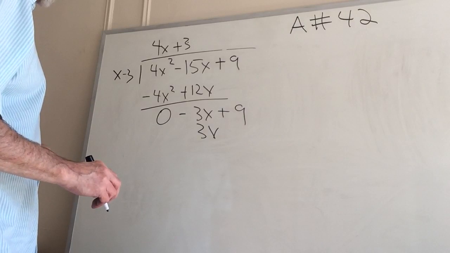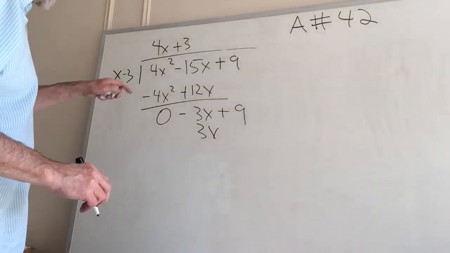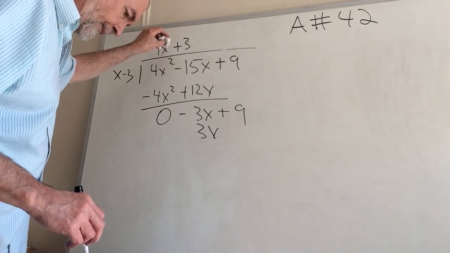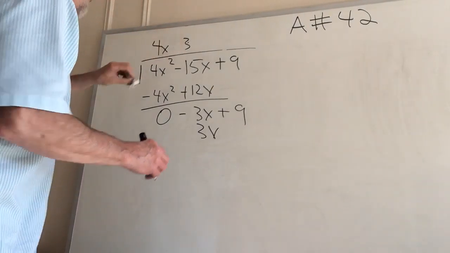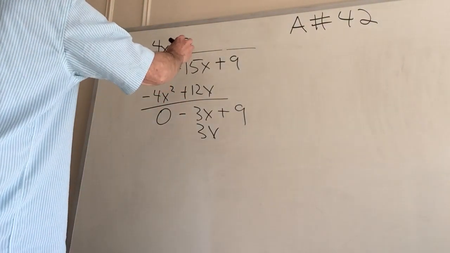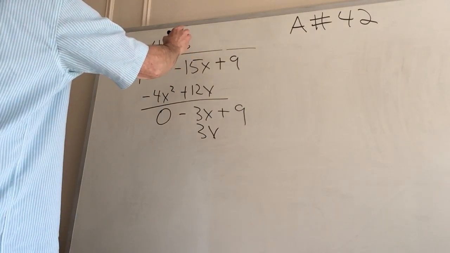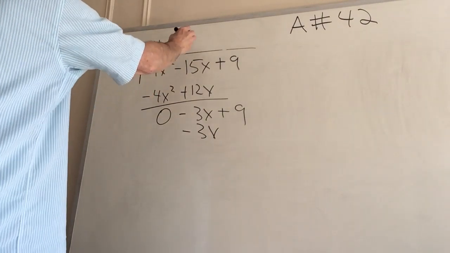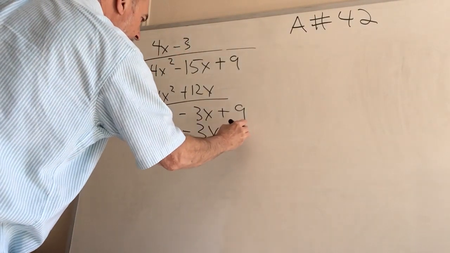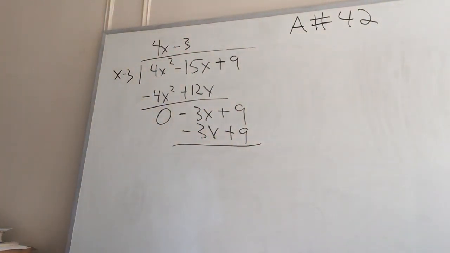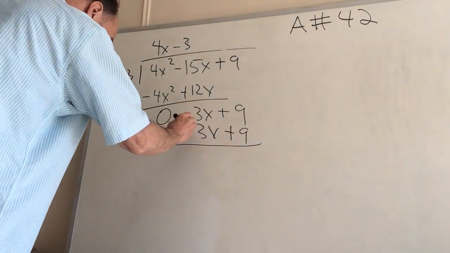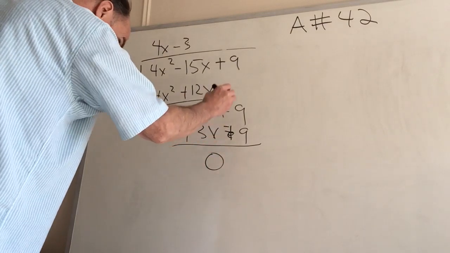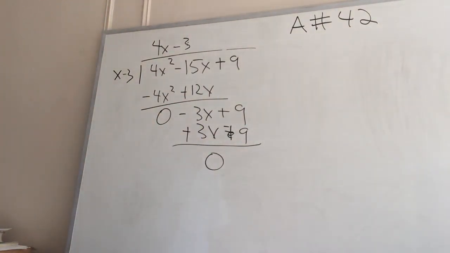That's negative 3. Hold on here. So that's negative 3, that means this is negative 3. And now it works. So this is negative 3x, negative 3 times x, and a negative times a negative is a positive, and there we go. Take the opposites because you're subtracting, and you get 0 on the 2 ones, a remainder of 0.